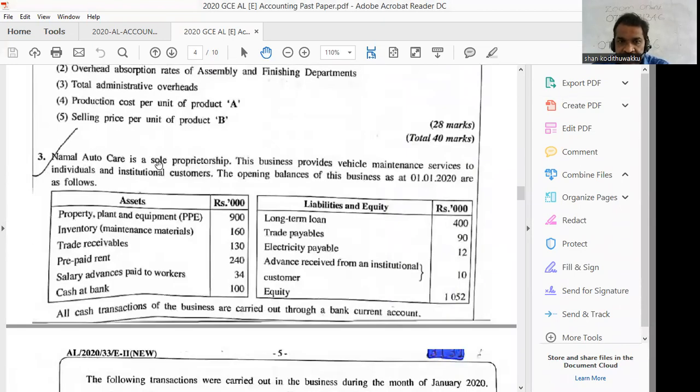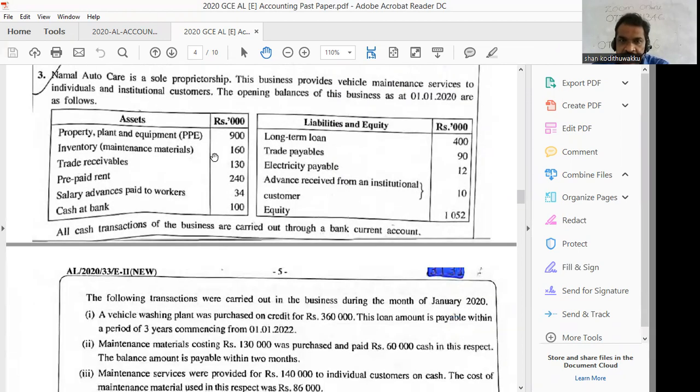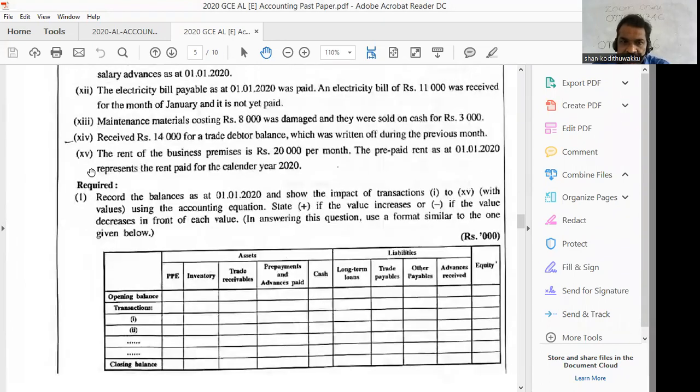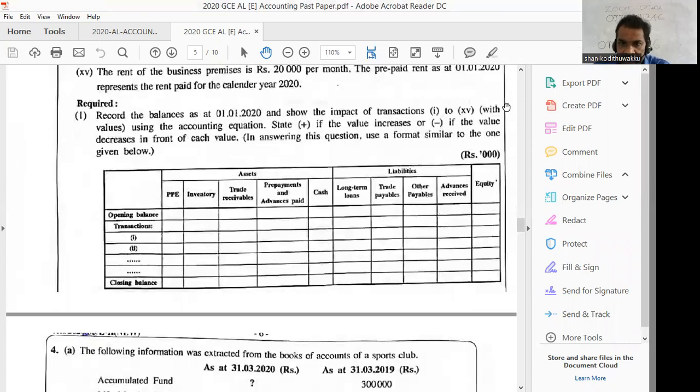Right. Question number 3. Here you are given details regarding Nama Lotokya, the sole proprietorship. Then here you are given opening balances, assets, and liabilities and equity opening balances. After that, you are given another 15 adjustments. Then you are asked to adjust according to the given format.